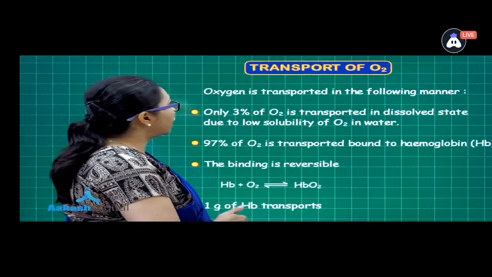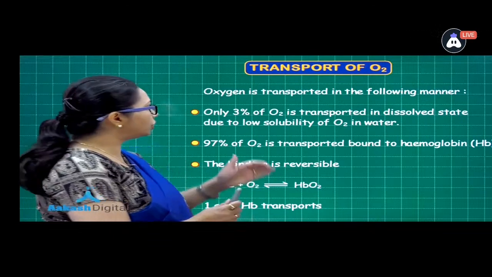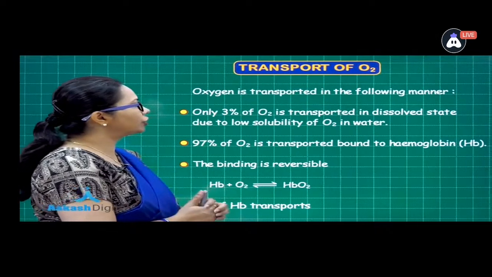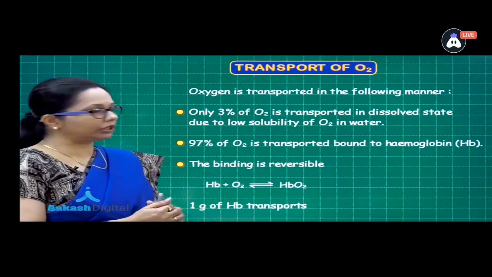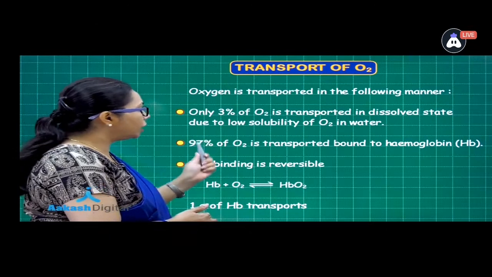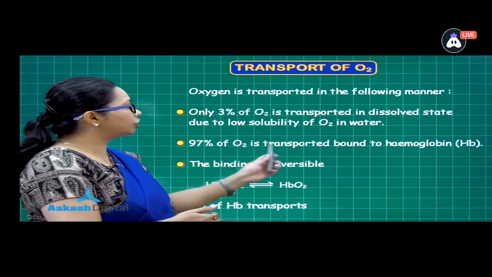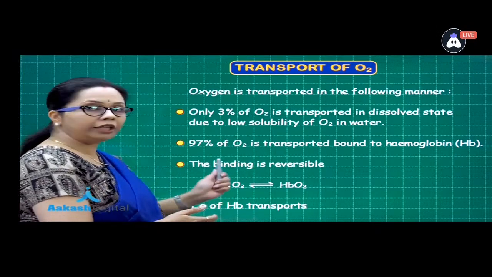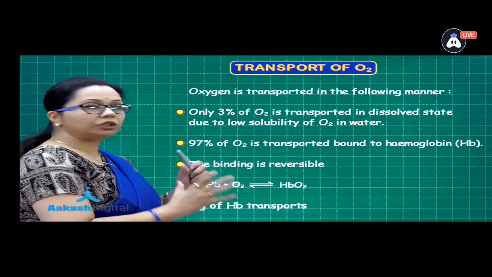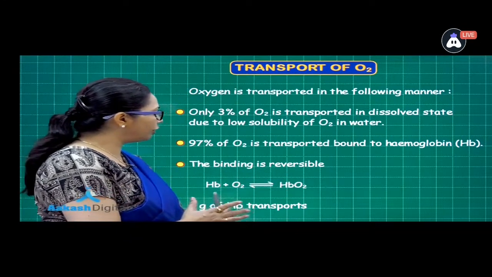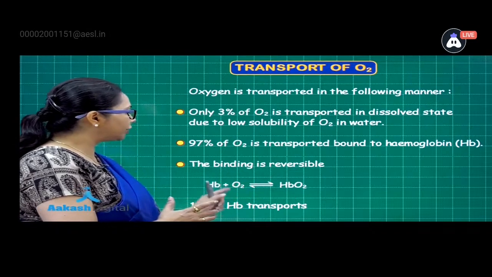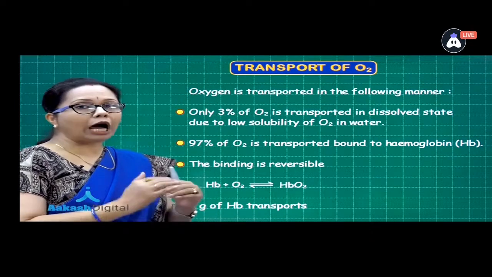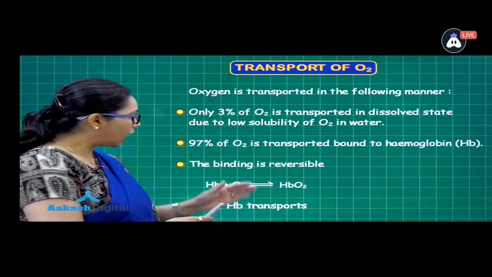So first of all, taking up the transport of oxygen. Now oxygen, since it is less soluble in water, only 3% of oxygen is transported in the dissolved state, while the remaining 97% of oxygen is transported bound to hemoglobin. And this binding certainly is a reversible binding, because in the tissues this oxyhemoglobin which is being formed has to be dissociated, molecular oxygen has to again become free so that it can diffuse out of the blood capillaries into the tissues.